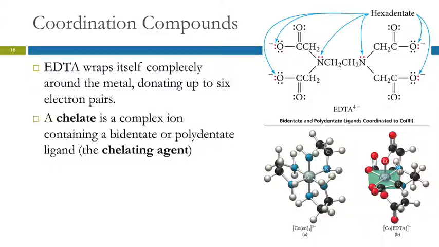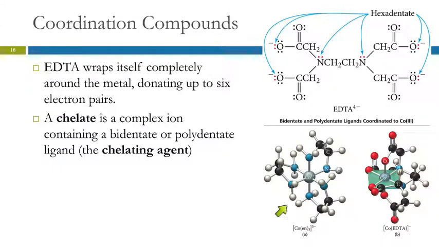So here we have what that might look like. Here's a cobalt-3 ion with one EDTA ion complexing with it. And so we've got multiple coordinate covalent bonds between the cobalt and this one large ligand. So it wraps around the metal and completely covers it up.